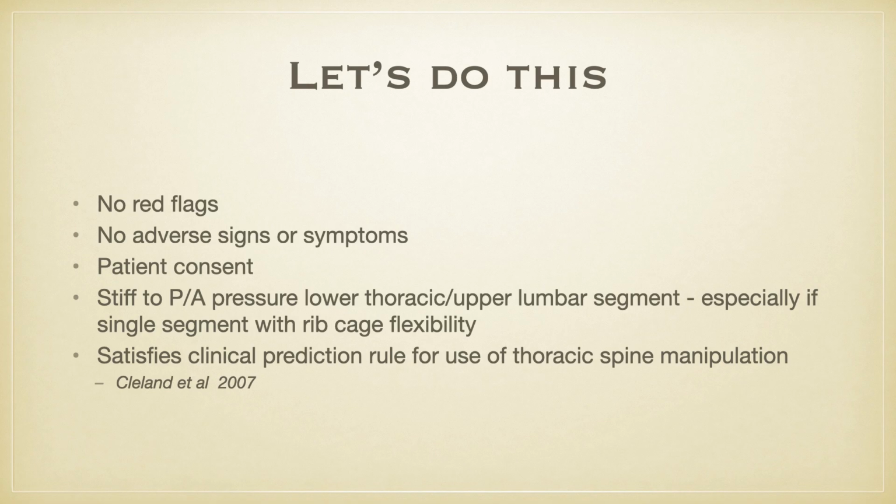That particular clinical prediction rule stated, if 3 out of the 6 of these following criteria were present, the successful outcome basically went from a coin flip to over 85% success with the outcome measure that they used.